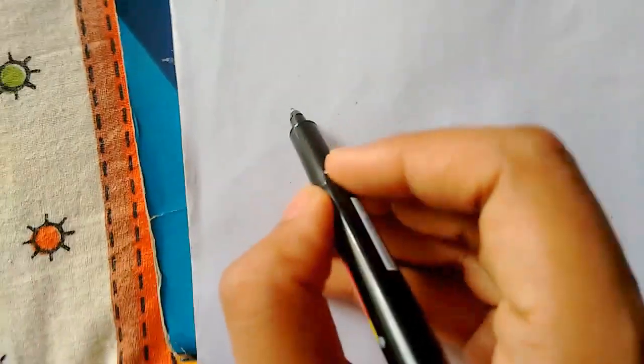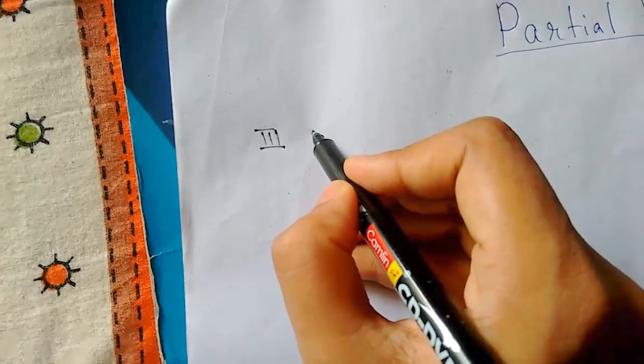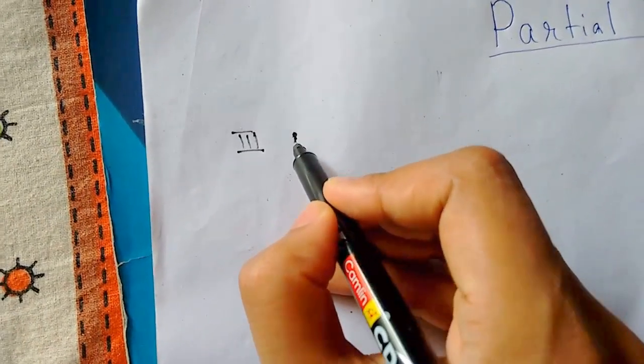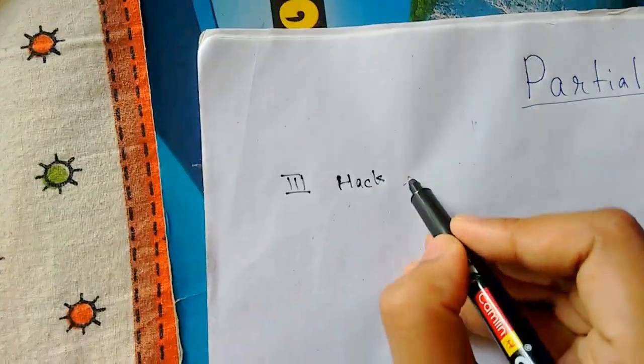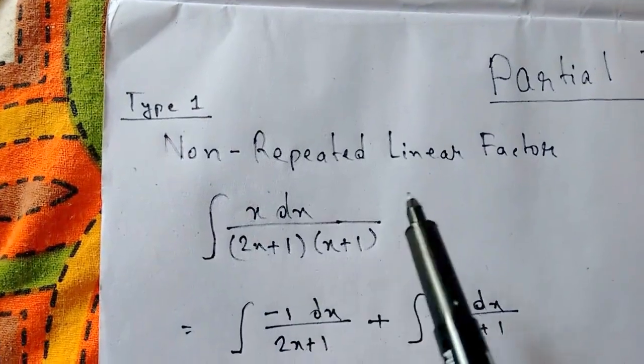The third method I will talk about is a method I have invented, or learned. I call it a hack or short trick. It is very useful for this particular type only, non-repeated linear factors.